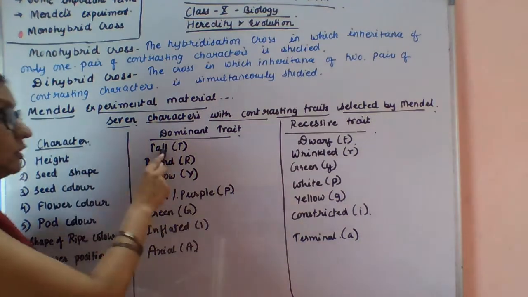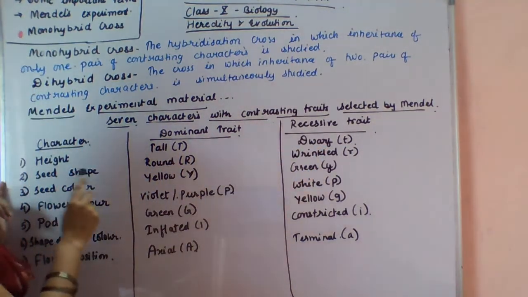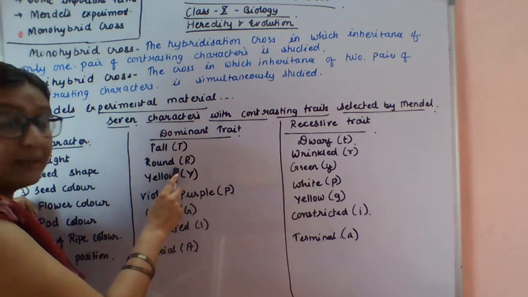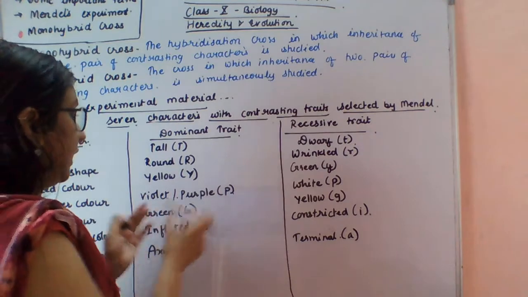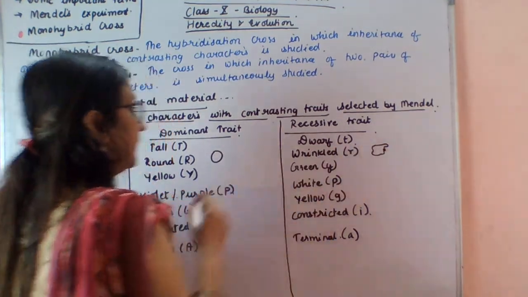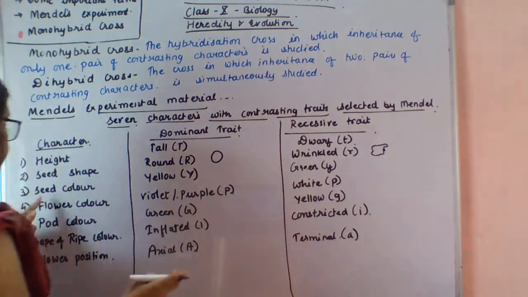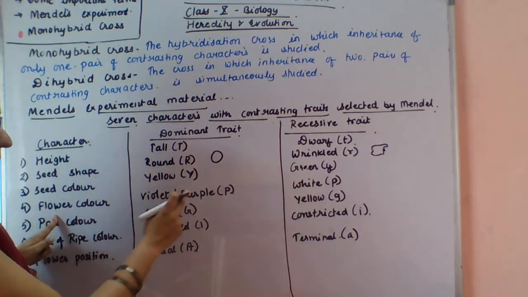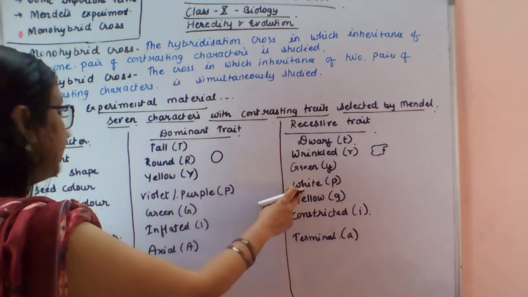So height: tall is dominant, and the recessive trait is dwarf. Seed shape: round is dominant and wrinkled is recessive. Seed color: yellow is dominant, green is recessive. Flower color: violet or purple is dominant, and white is recessive.